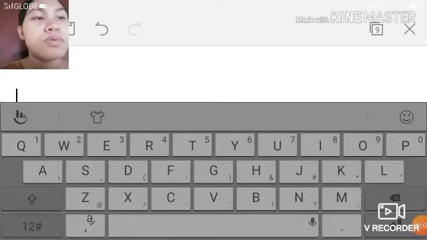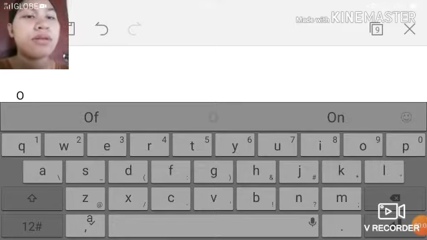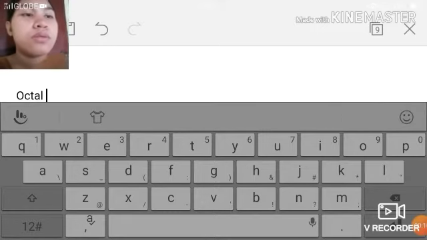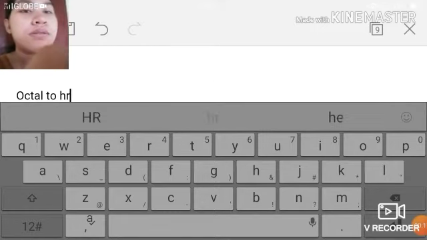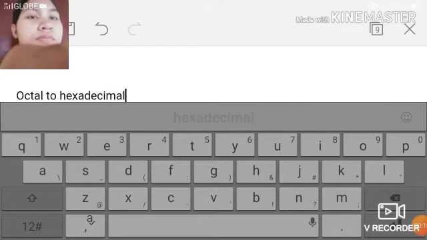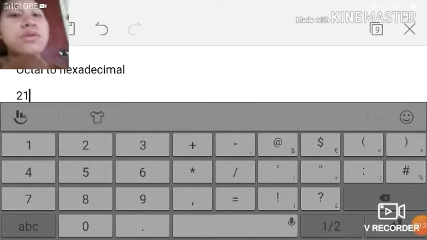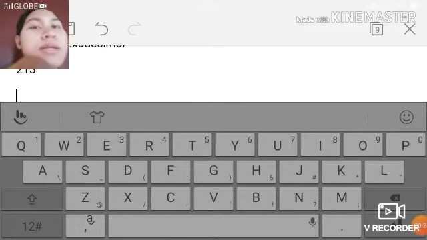We're going to convert octal to hexadecimal. So in doing so, for example, we're going to use 213 base 8.